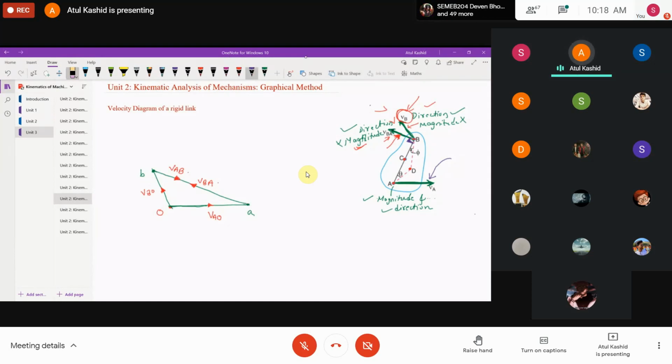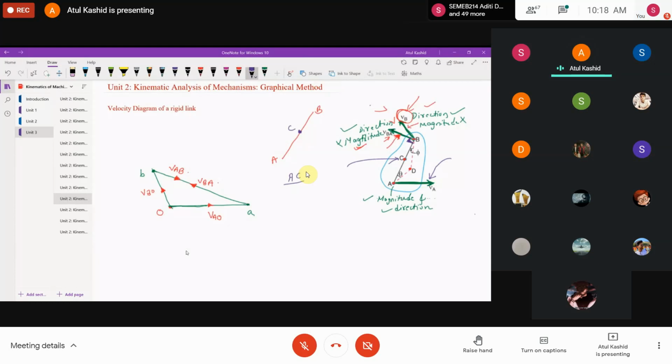Also, we can see here the point C is lying on this link, right? So what about this point C? How to find or how to locate this point C in the velocity diagram? So here, what I can do, I can see now this is my A, this is my B, and my C point is lying over here, right? So it is dividing the line AB, right? So what I will do, I will do like this.